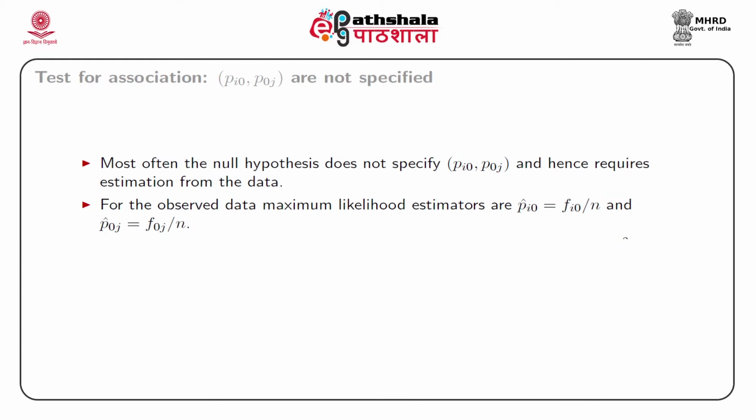It should be mentioned in this case also that in estimating unknown Pi naught and P naught j, we impose a few linear restrictions, and since we are finding the large sample distribution of a chi-square variable, linear restrictions reduce the number of degrees of freedom.